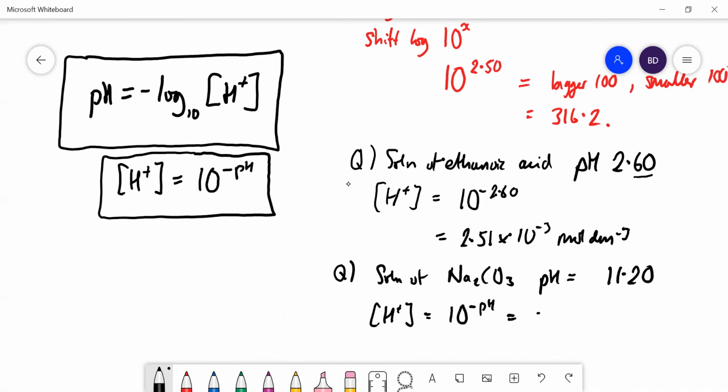That's 6.31 times 10 to the minus 12 moles per decimeter cubed, which is a tiny number, isn't it? And that's why we use logs, because the value of the hydrogen ion concentration in everyday solutions can vary so much. So it's much easier to write down 11.2 rather than writing down all these tiny numbers.